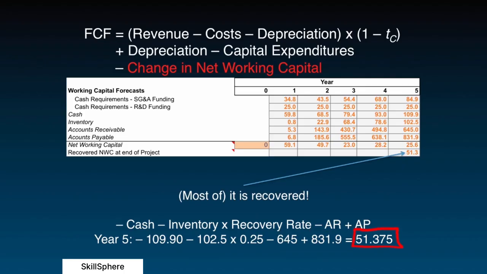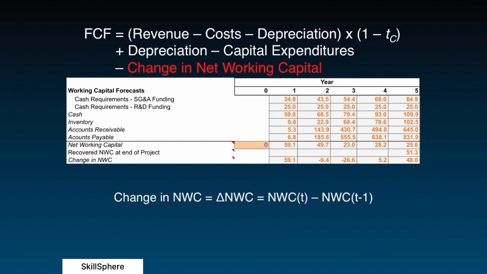Okay. So our change in net working capital, remember we're interested in the year-on-year change, is given by this row. Let's just briefly discuss it. So the first change is 59.1 minus 0, which is 59.1. The second change is the 49.7 minus the 59.1 gets me minus 9.4.